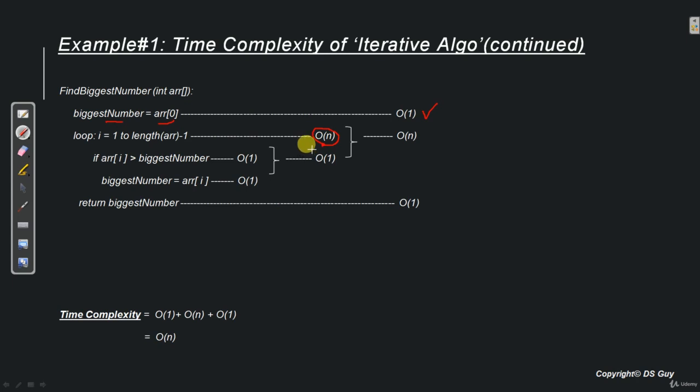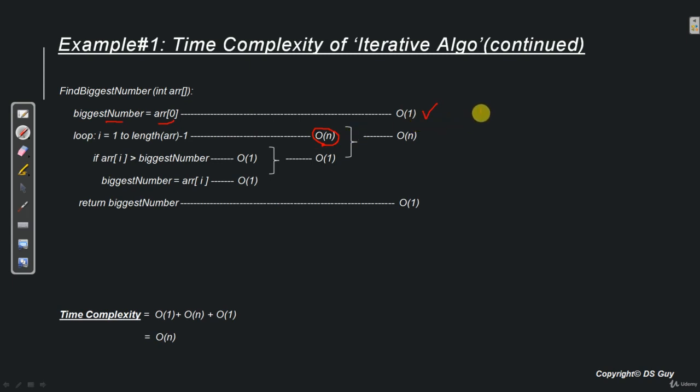Now you might be wondering that it should be order of n minus 1 because we are starting from 1 and not from 0. That is a valid question, but when we are dealing with numbers like n, we always avoid the constant numbers. The 1 in this case is a constant, so we are avoiding it.